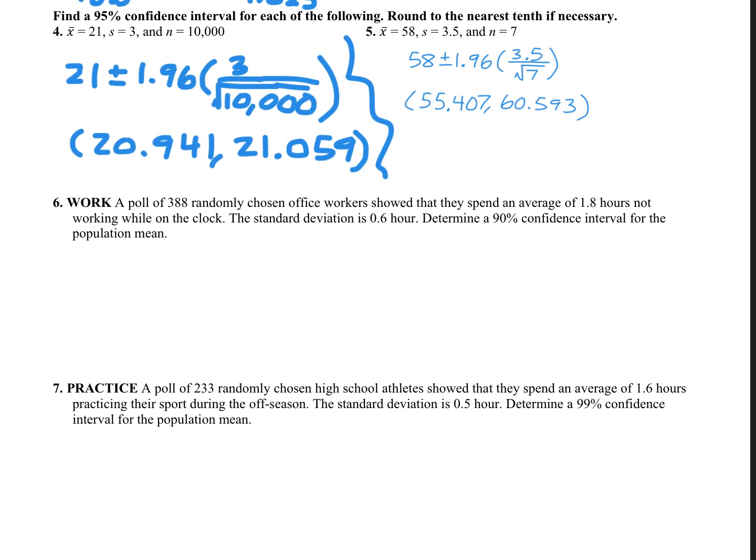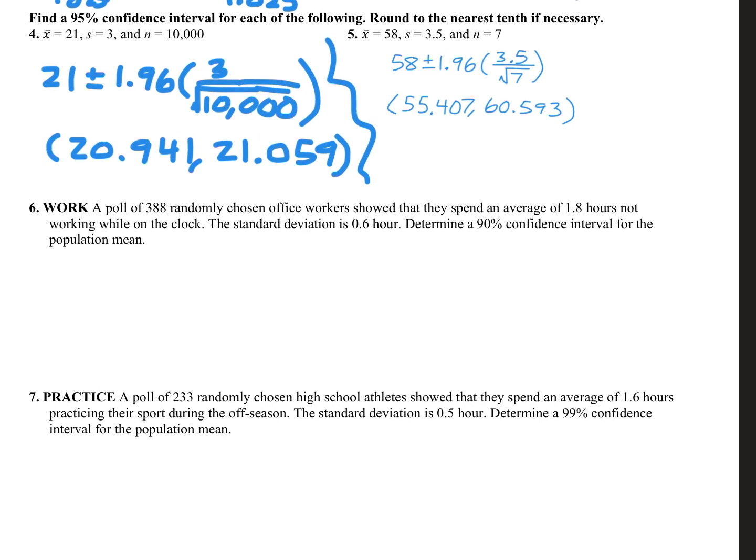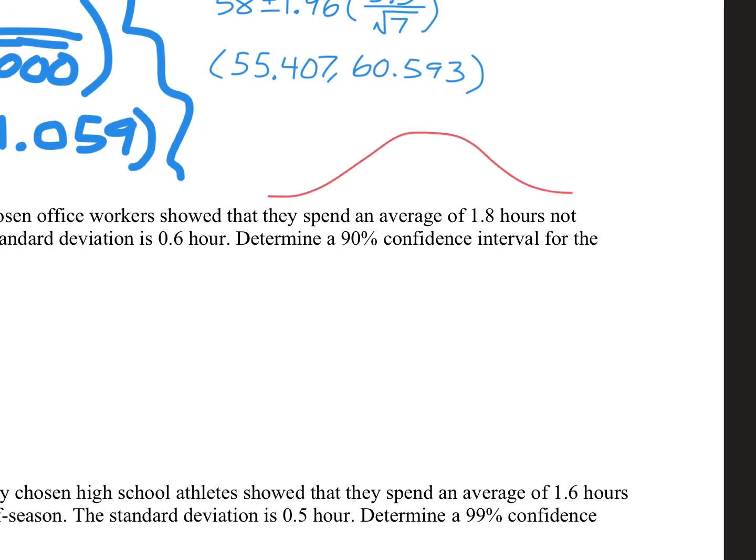All right, and now we're doing a 90% confidence interval. All right, so I'll draw a picture up here. 90% in the middle means that you have 10% left over, which means 0.05 and 0.05. All right, so if I do inverse norm, right, I'll go back to doing this side.